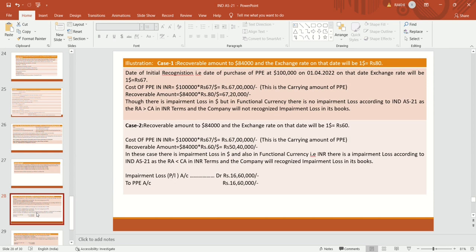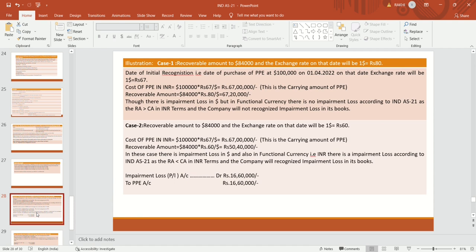As the recoverable amount is more than the carrying amount in INR terms, the company will not recognize impairment loss in its books. So there is no impairment as per Ind AS 21, because the recoverable amount is more than the carrying amount in terms of functional currency, not in terms of foreign currency.